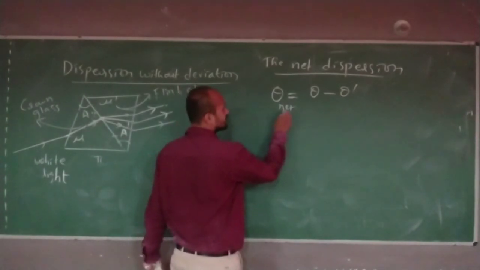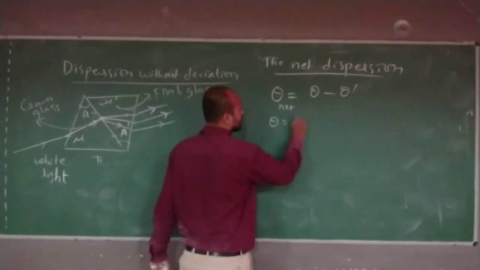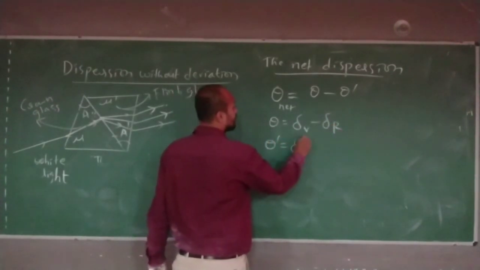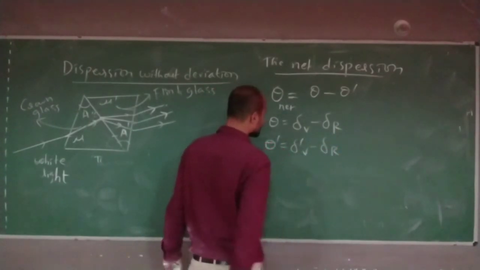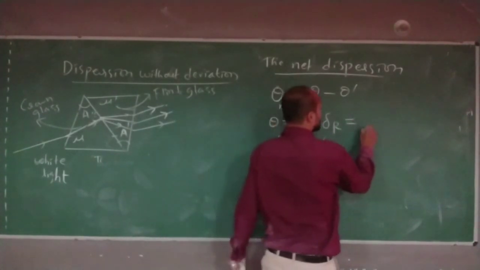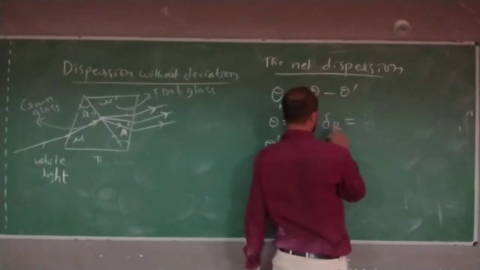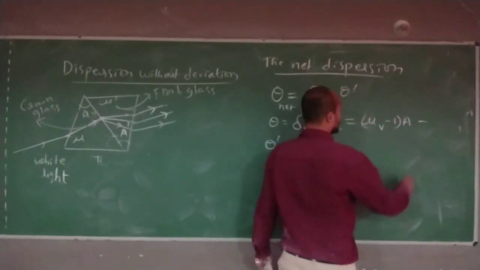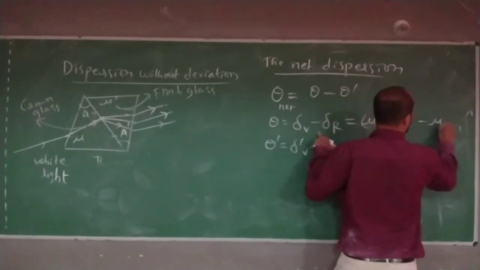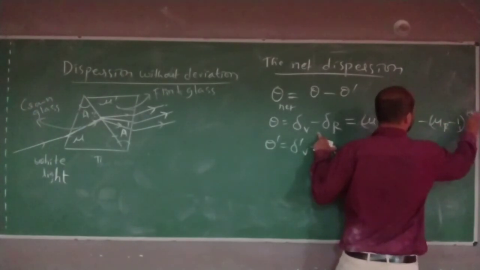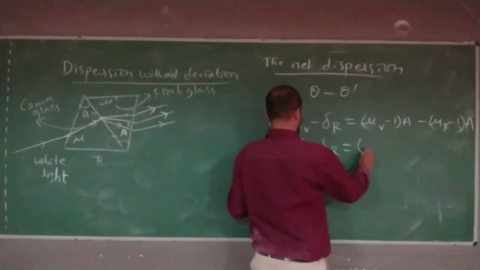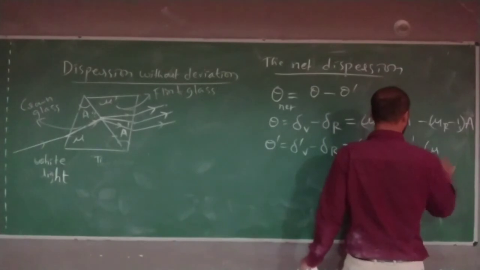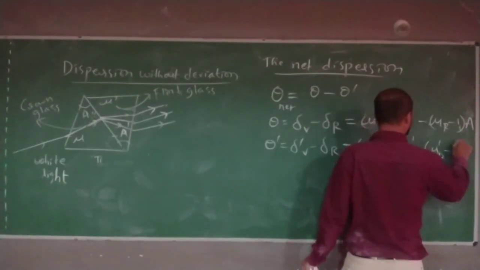So let us find theta dash. Theta is equal to delta v minus delta r. Correct? Theta dash is equal to delta dash v minus delta dash r. What is delta v here? Delta v will be equal to (mu v minus 1) into A minus (mu r minus 1) into A. And here, (mu dash v minus 1) into A dash minus (mu dash r minus 1) into A dash.